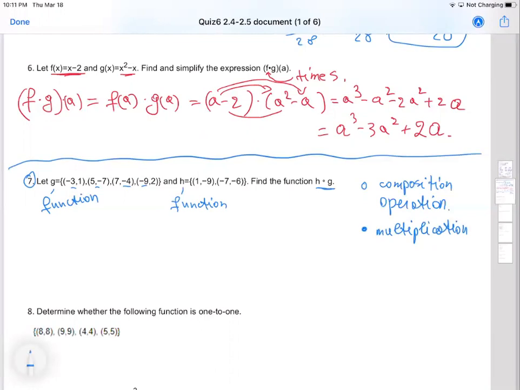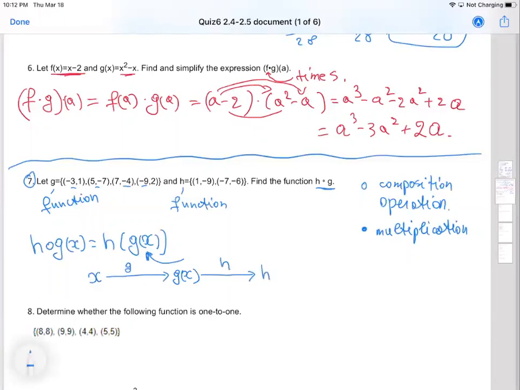Remember that when we have h composed with g, this equals h of g of x, which means g is inputted into h. In other words, if I'm starting from x, then g goes first to g of x, then h picks up g of x to h of g of x.